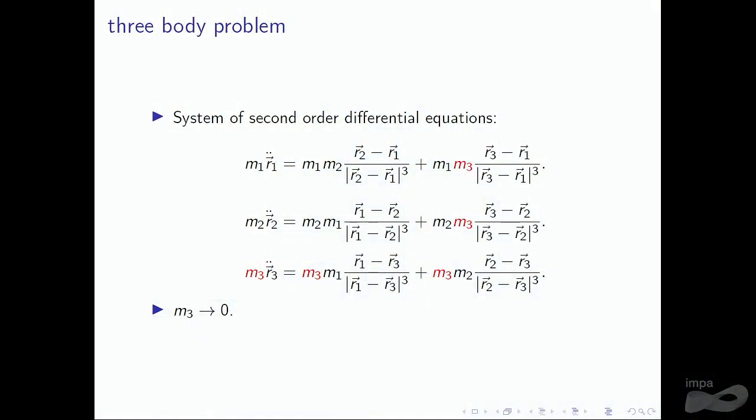So we still obtain an equation for the third body, even if we assume that its mass is equal to 0. These first two equations determine the motion of the first two bodies. And the motion of the third body satisfies this equation, with an input of R1 and R2 given as a solution of this independent system.